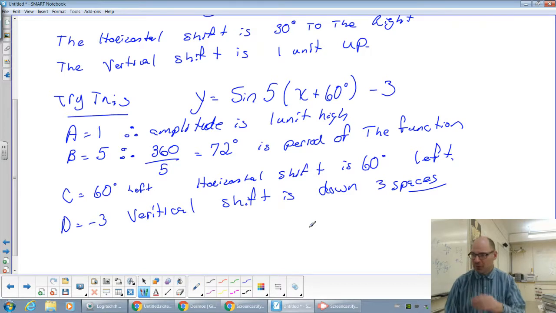Now they'll do the opposite thing. They could give you a bunch of what has happened and ask you to write the equation. So let's do an opposite type of question.